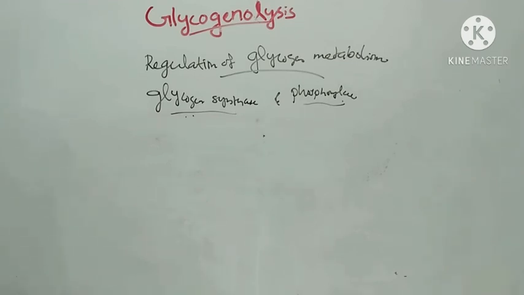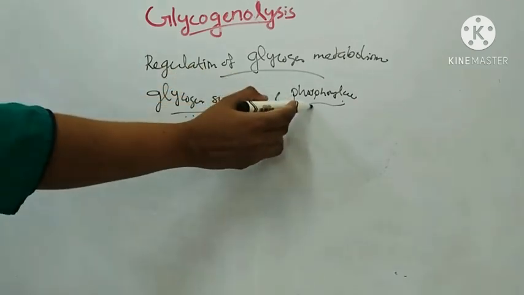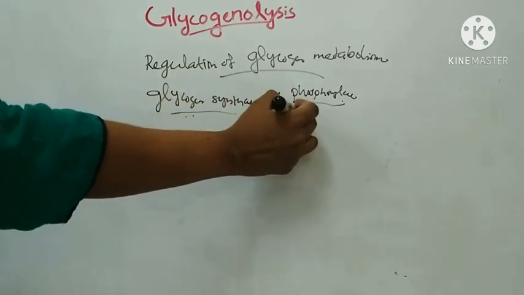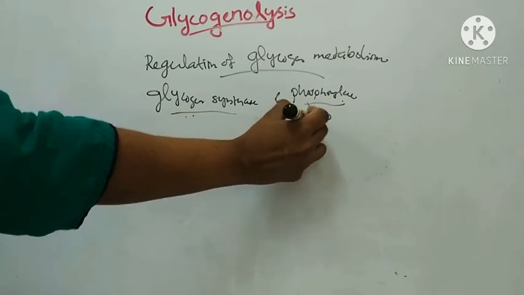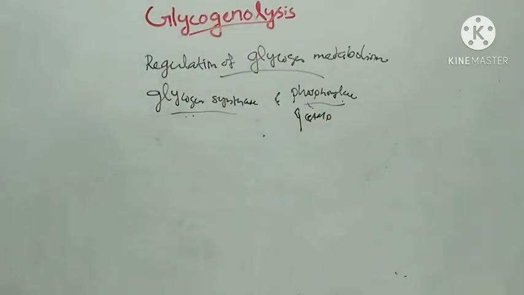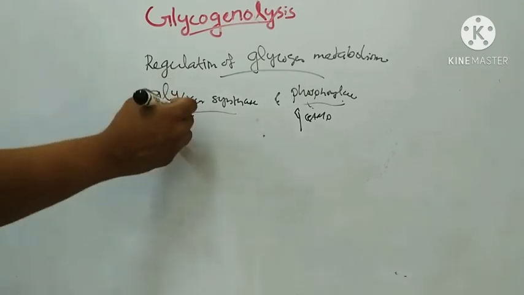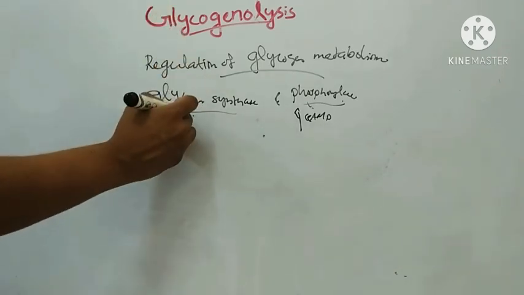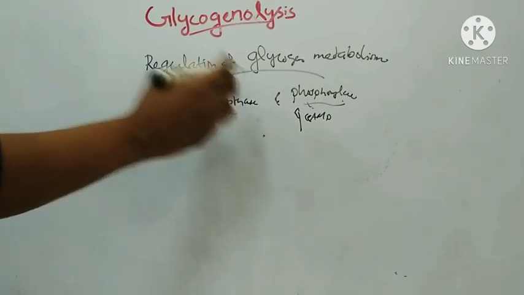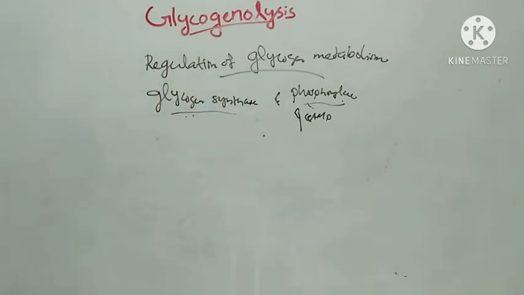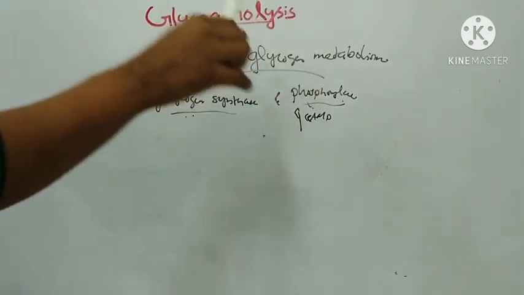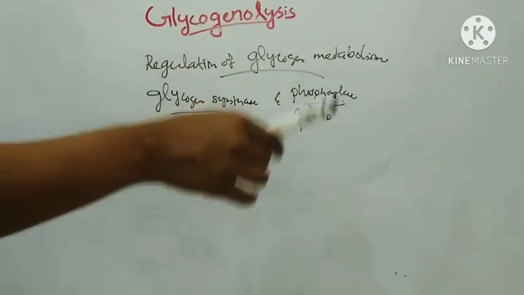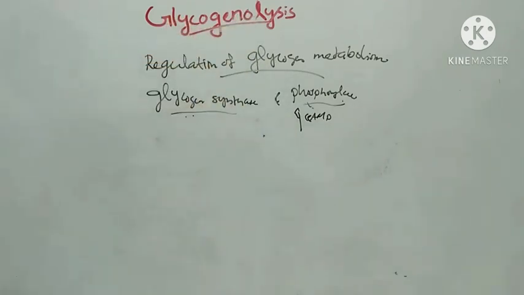The phosphorylase enzyme is activated by a rise in cyclic AMP through phosphorylase kinase.